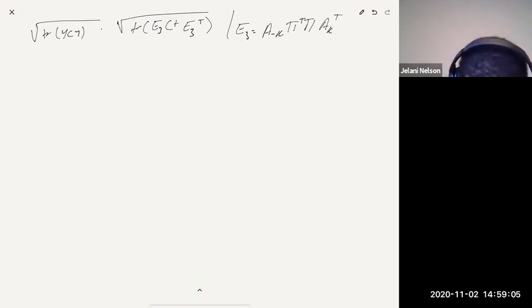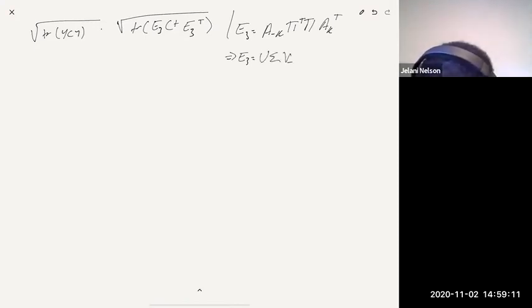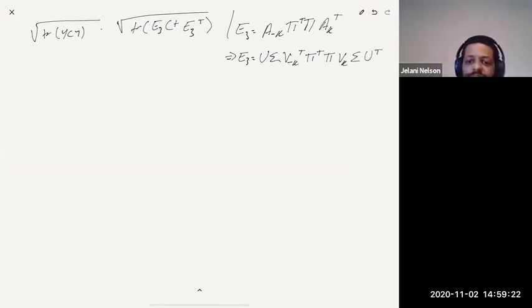If you write this down in terms of the SVD, this implies that E3 is equal to U sigma V transpose minus U_K sigma_K V_K transpose.